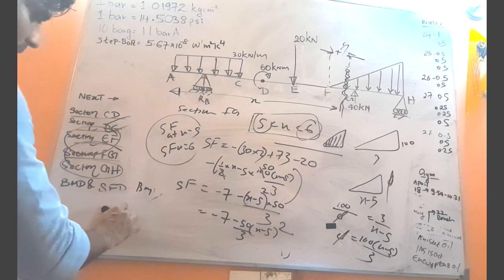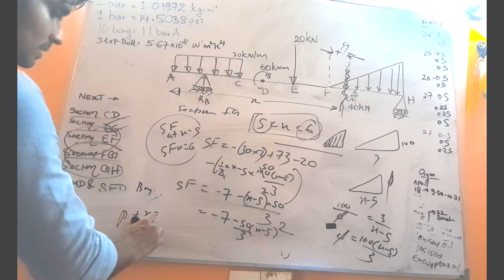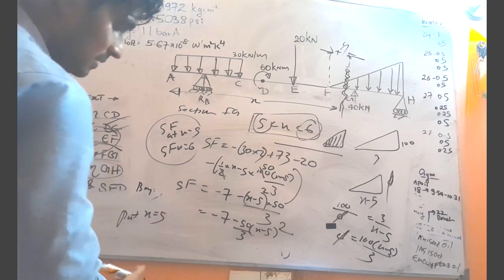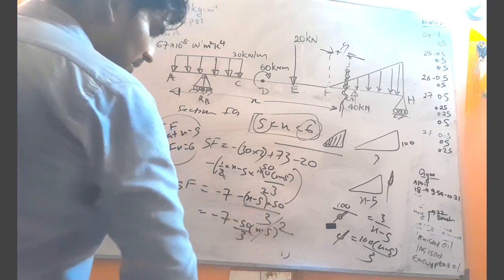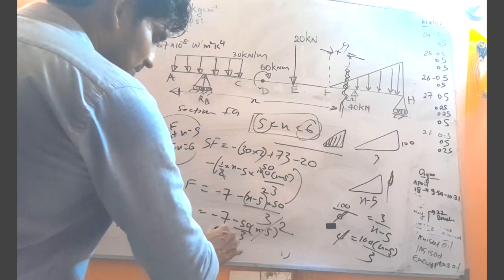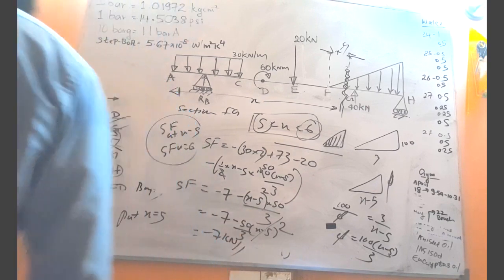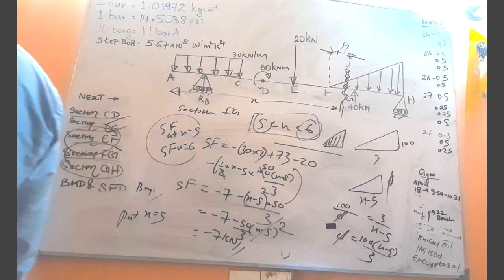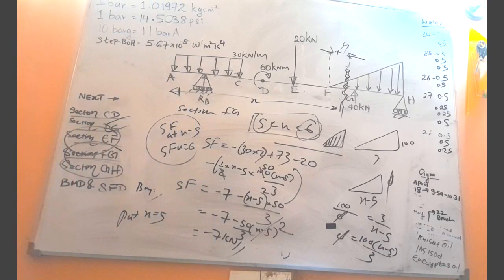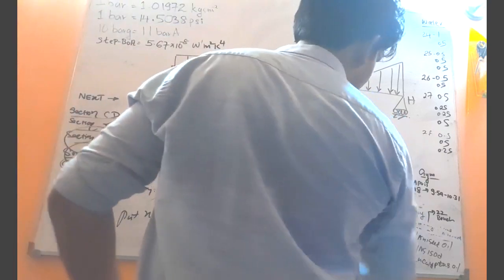So now put x equals 5. When x equals 5, you don't have to worry about this part, so only minus 7 will be there, minus 7 kilonewtons, the shear force. Now I will erase this part, otherwise I don't have space.